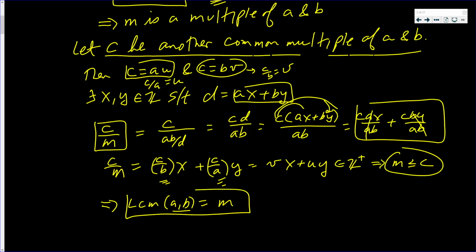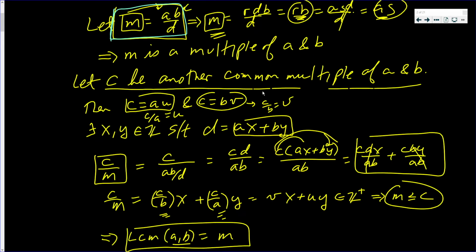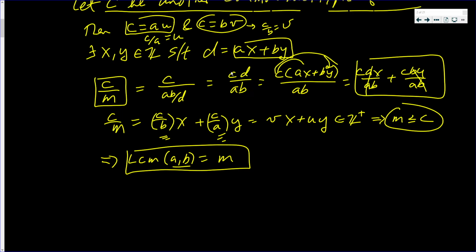So now we have this. And we started off with this statement right here. M is equal to AB over D. That's the same as MD equaling AB.